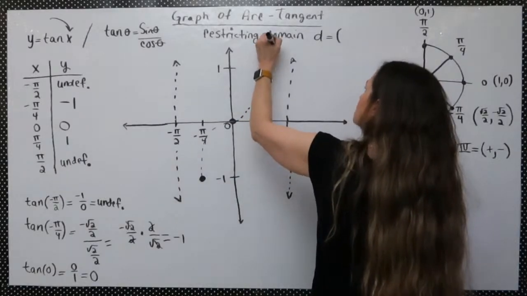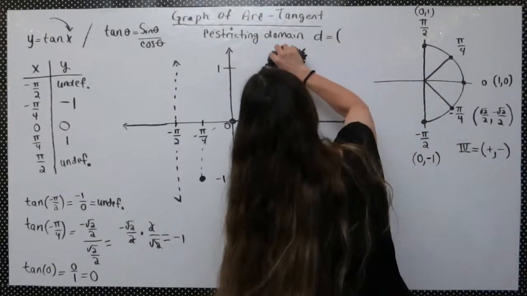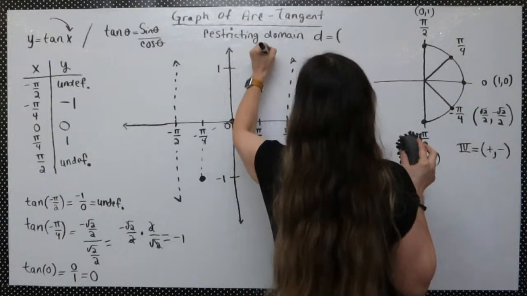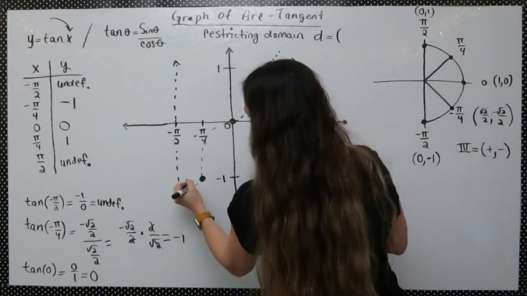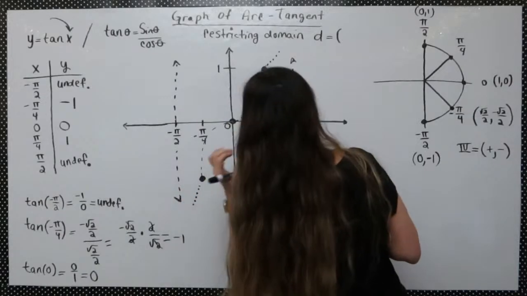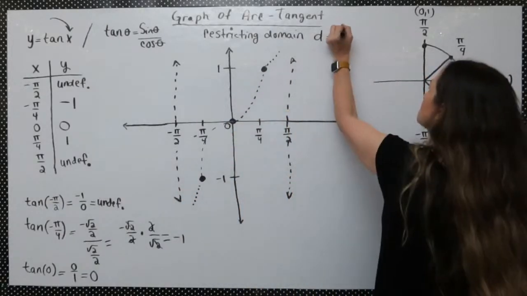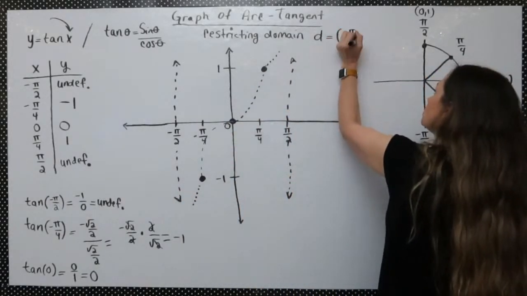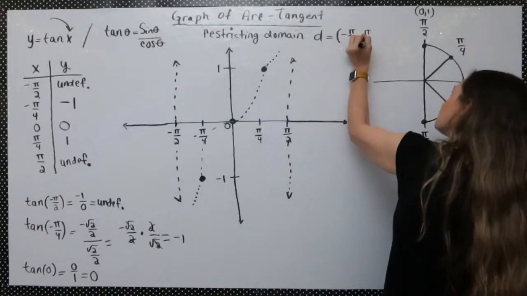So we've got this doodled and messed it up. Okay. And then we've got just continues. So we're going to say negative pi over 2, comma pi over 2.